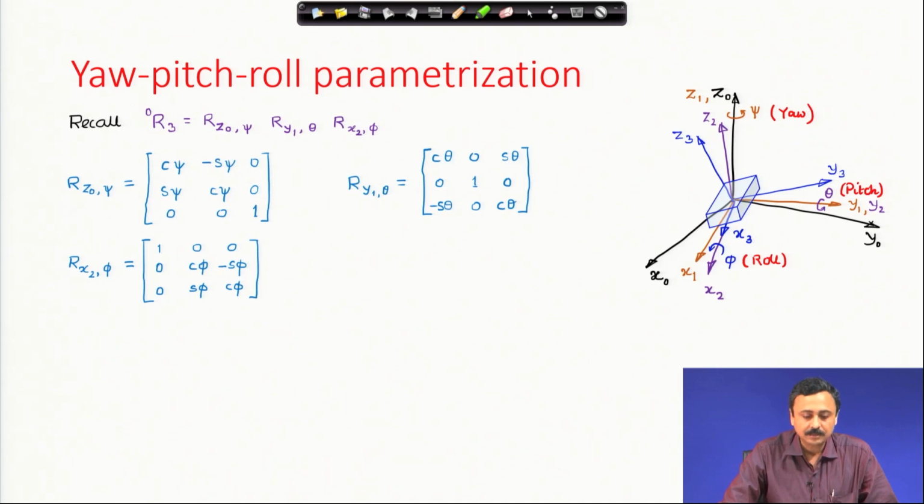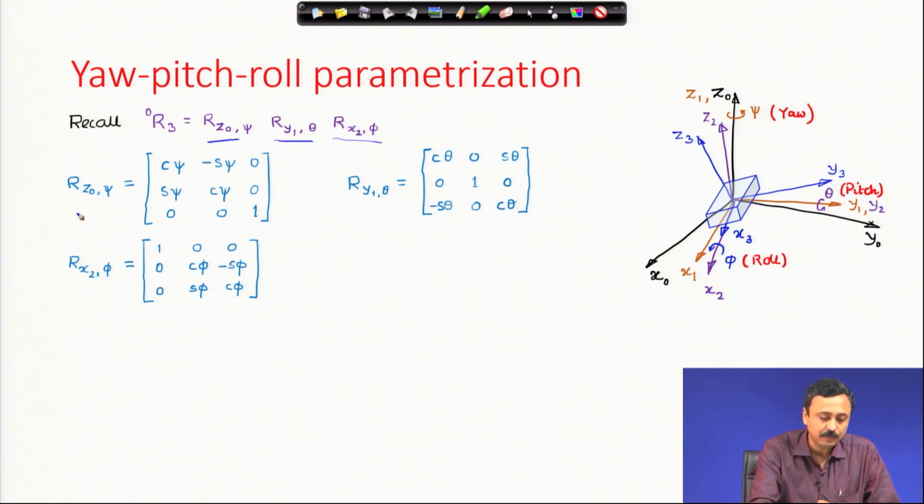The basic fundamental rotation matrices about the individual axes are: yaw about z 0 by an angle psi, pitch by an angle theta about the new y axis, which is y 1, and roll by an angle phi about x 2, which is the new x axis.